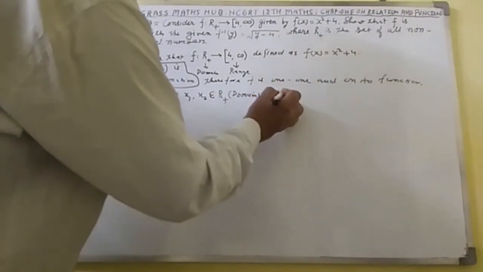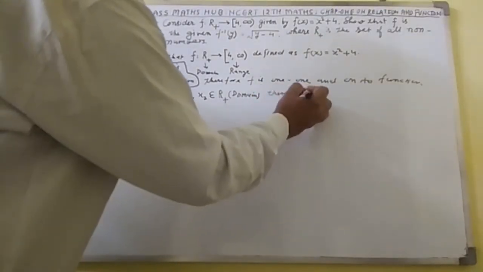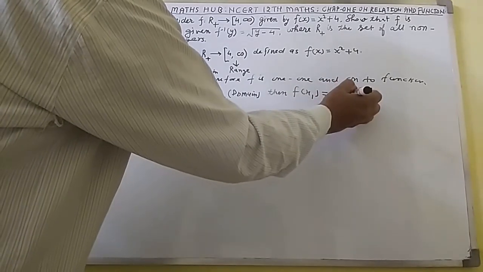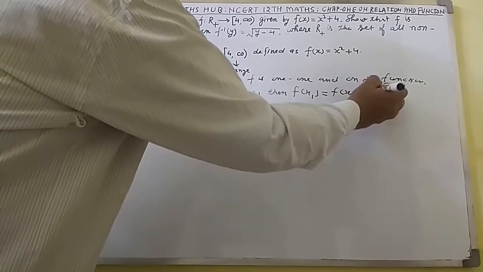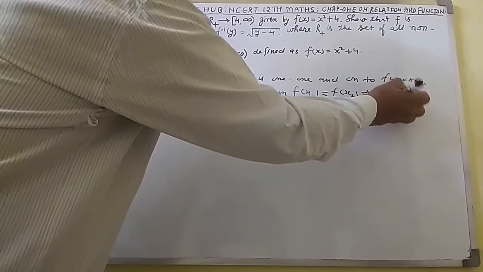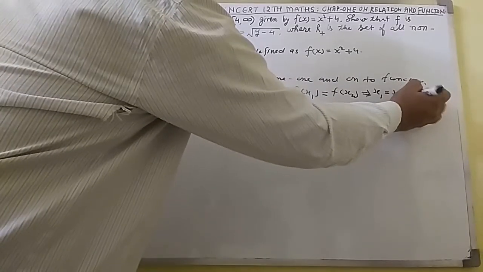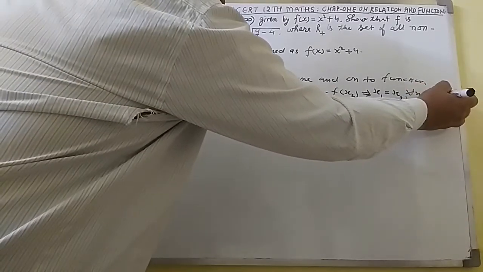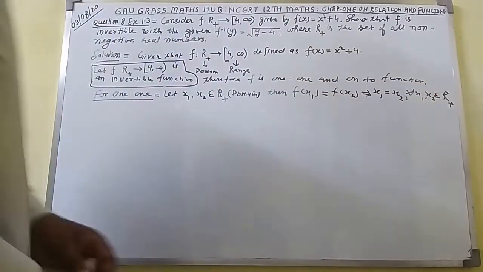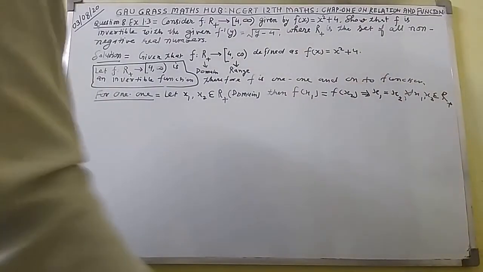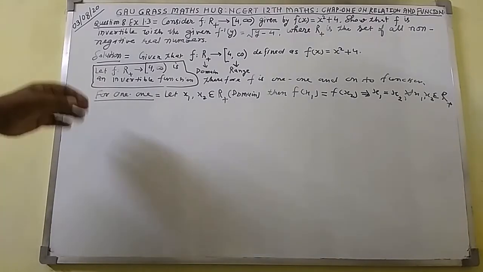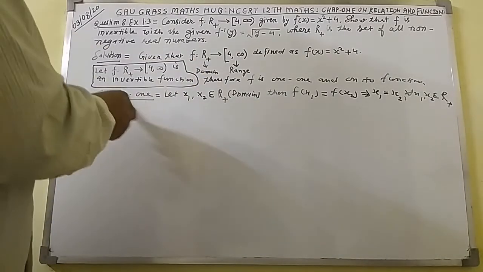Then if f(x1) = f(x2), it implies that x1 = x2, for all x1, x2 belonging to R+. This is the statement you have to write in order to prove this function is one-one.